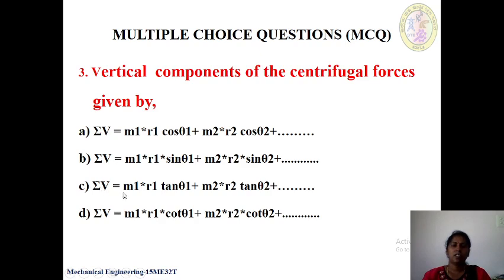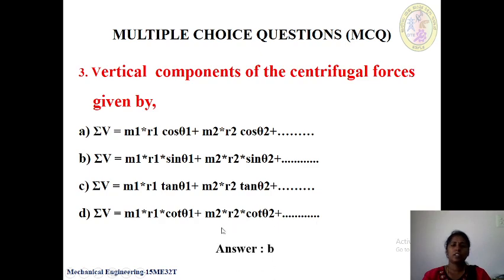Sigma v is equal to m1 into r1 tan theta 1 plus m2 into r2 tan theta 2 and so on, or m1 into r1 cot theta 1 plus m2 into r2 into cot theta 2 and so on.